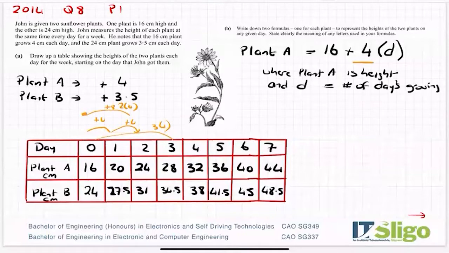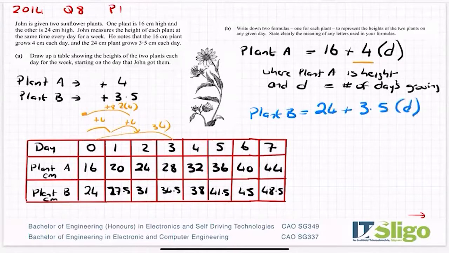Or phrase it something like that. Once you've done one of them, it's much easier then to see the other one. So plant B is going to be the same thinking, except this one I'm starting at 24. I'm going up by 3.5 every day.